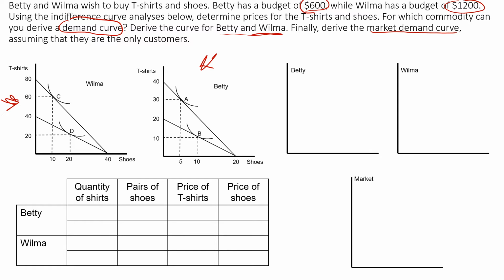Okay, well, first of all, for a demand curve, we need price and quantity. That's what we're looking for. And we need multiple points. That means we need multiple prices and multiple quantities. So let's see what we have for information on t-shirts and shoes.